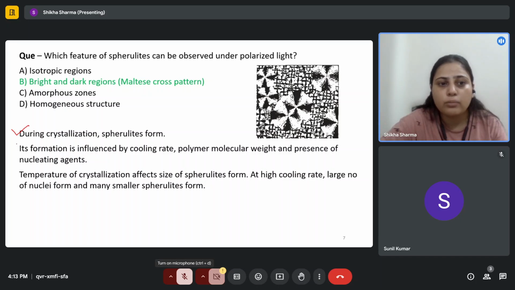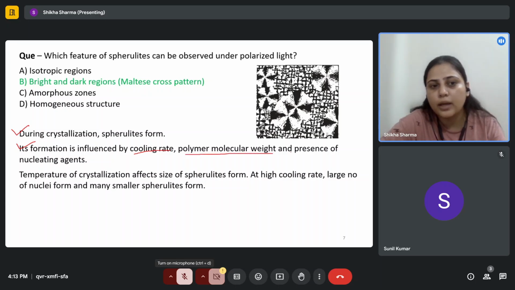Its formation is influenced by the following factors, such as the cooling rate, the polymer molecular weight, and the presence of nucleating agents. Third is the temperature of crystallization.